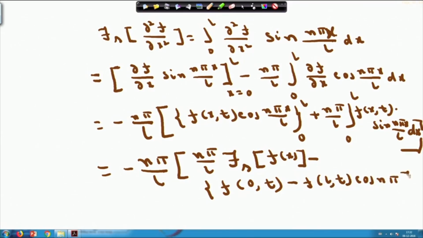Therefore, the Fourier sine transform of ∂²f/∂x² equals minus nπ/L into nπ/L Fourier sine transform of f(x,t) minus f(0,t) by putting the limiting values, f(0,t) minus f(L,t) into cos nπ. This will be vanishing.